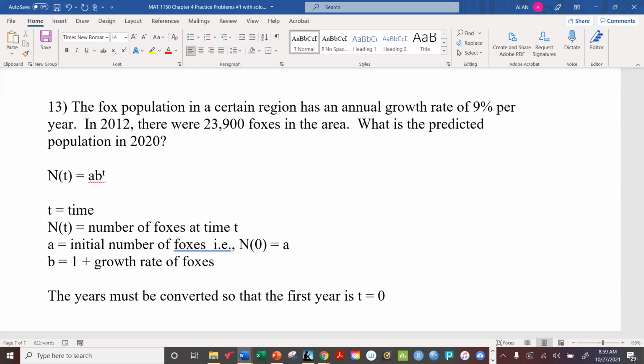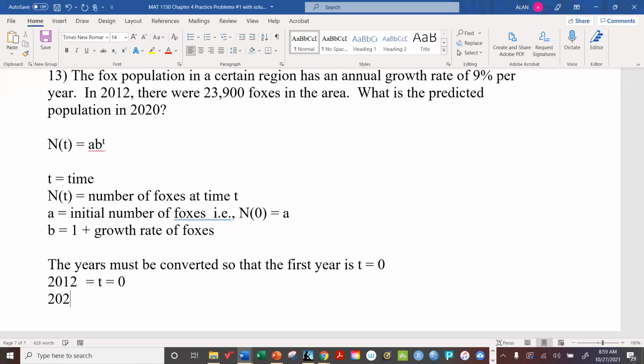Okay, so in other words, we always want to start at 0. So in this case, 2012 will represent t equals 0. Okay, because that's the starting point. Therefore, 2020 represents t equals 8 years later.